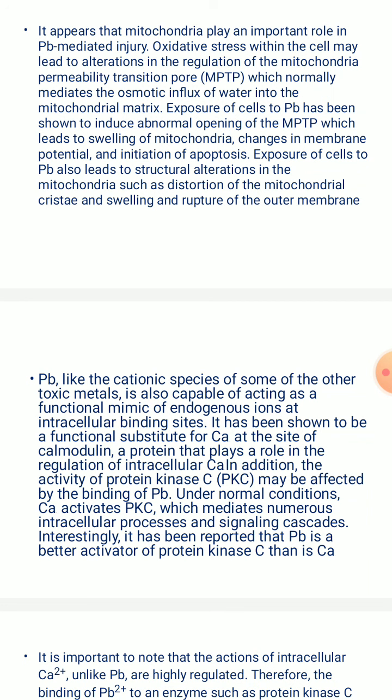The activity of protein kinase C is also affected by the binding of lead. Under normal conditions, calcium activates the calmodulin-dependent protein kinase enzyme, but this is going to be stopped, which further affects the numerous intracellular processes and signaling cascades.